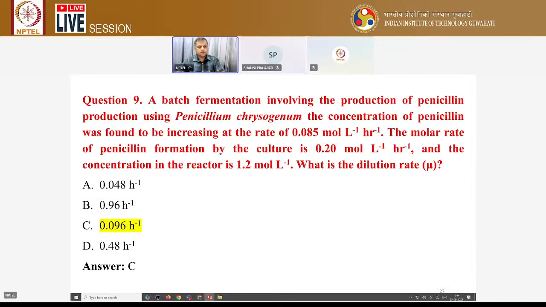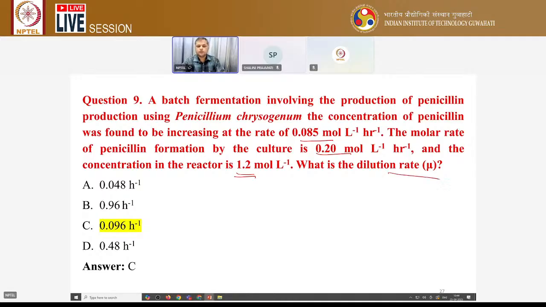Our next question is, a batch fermentation involving the production of penicillin using Penicillium chrysogenum. The concentration of penicillin was found to be increasing at the rate of 0.085 mole per liter per hour. The molar rate of penicillin formation by the culture is 0.2 mole per liter per hour, and the concentration in the reactor is 1.2 mole per liter.